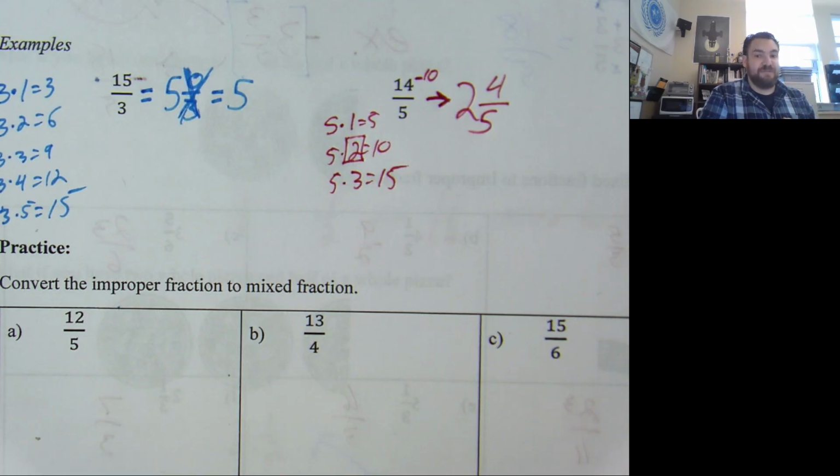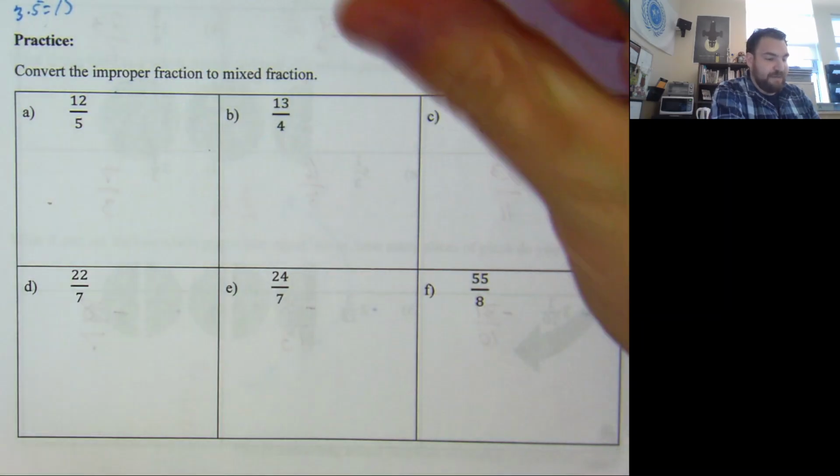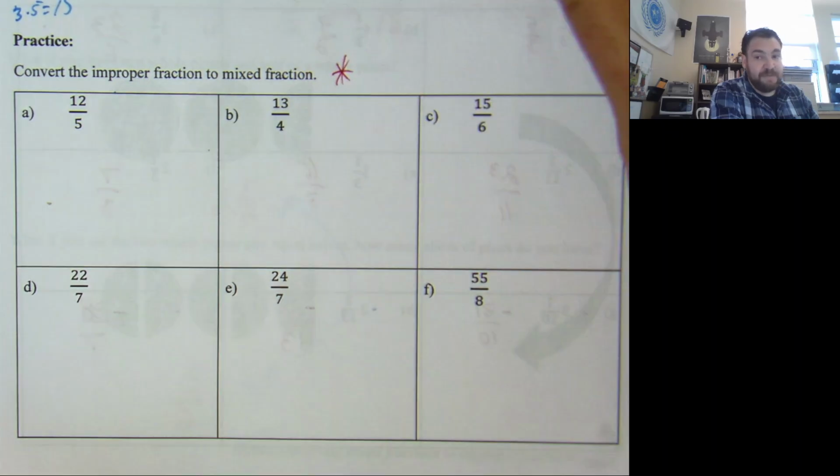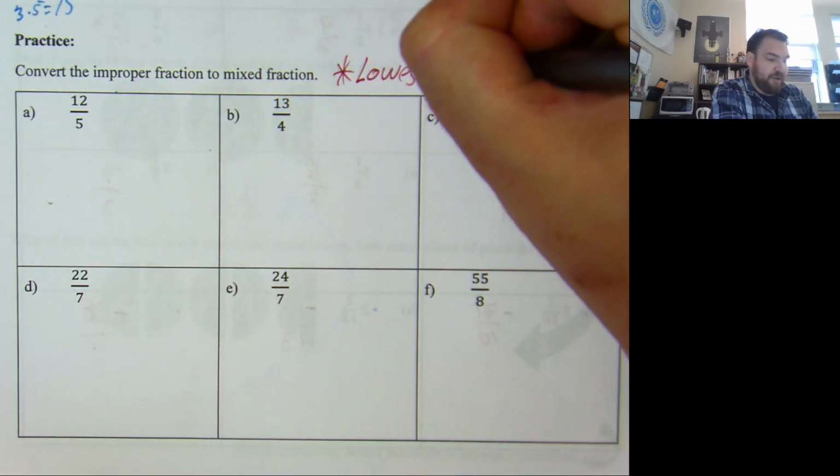Comments, questions, concerns about what I've just done? We are relatively comfortable with this? Okay. Well, I'm going to walk around and make sure we are. Before you go any further, I want you to crank out these 6. What I want you to remember, though, some of these are not in lowest terms. You need to make sure that all of your answers here are in lowest terms.